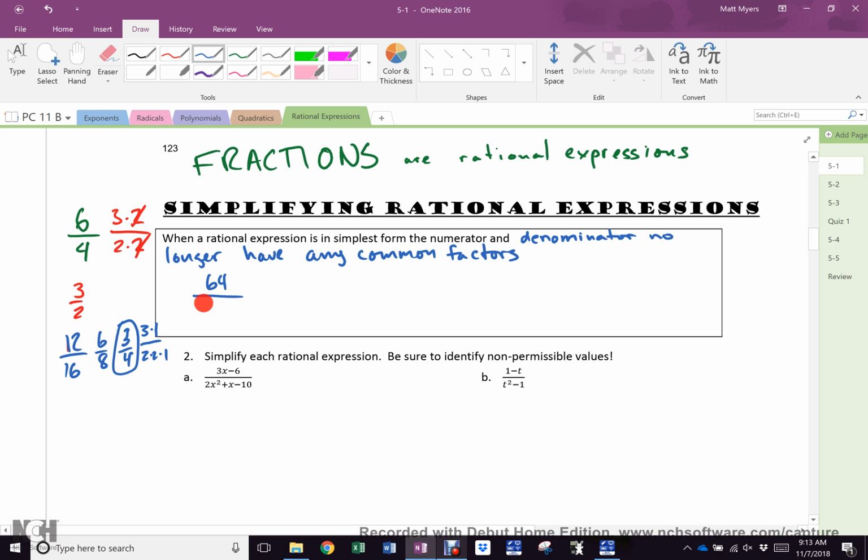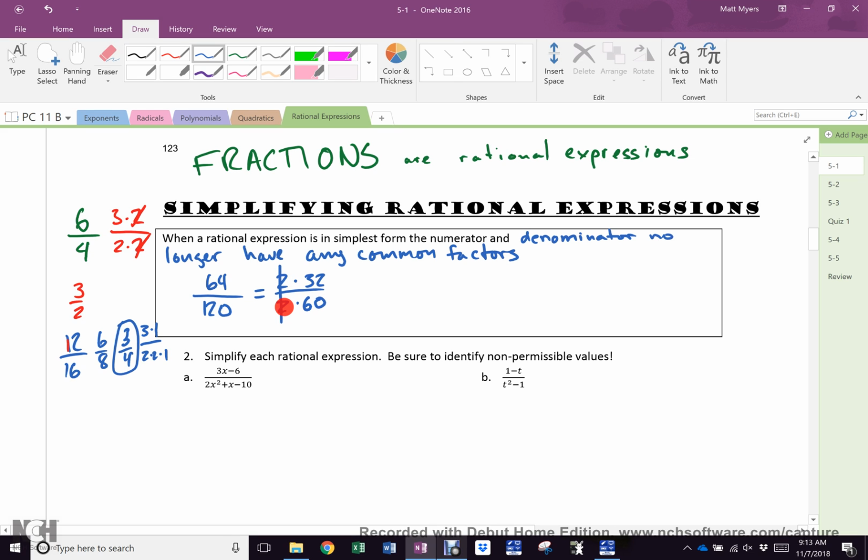64 over 120. You all know how to simplify that. You're going to divide by 2, right? But what we're really doing is factoring. So, 64 is really 2 times 32 over 2 times 60, correct? Everyone agree? So what am I going to do with that common factor? Cancel.